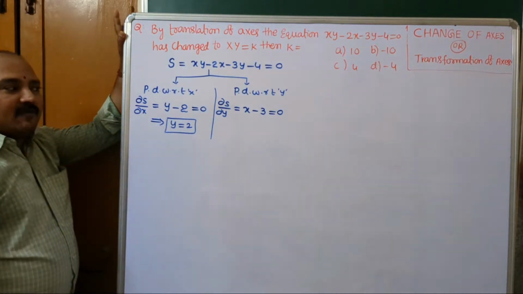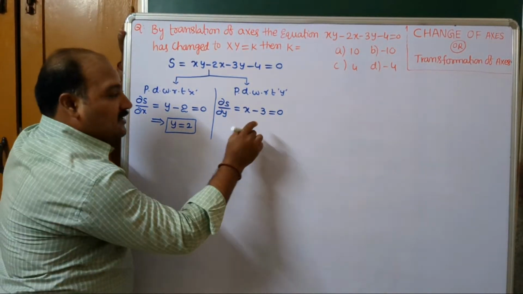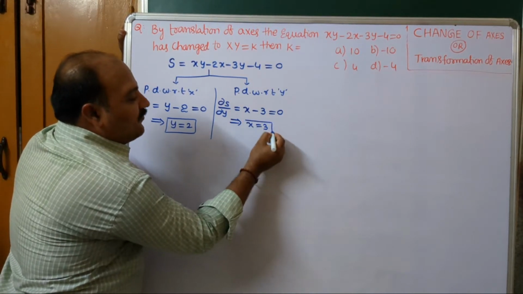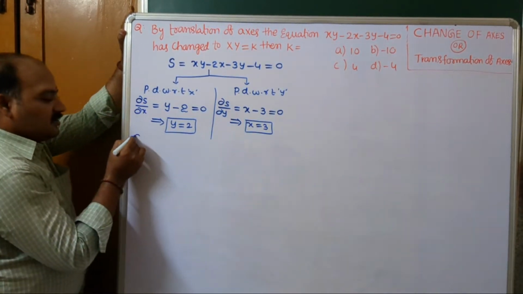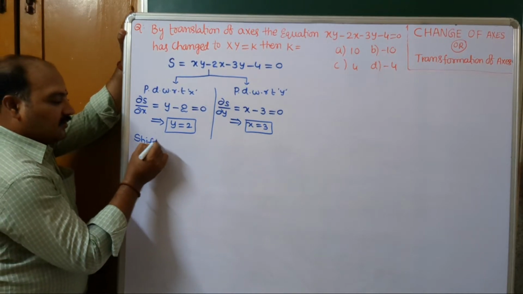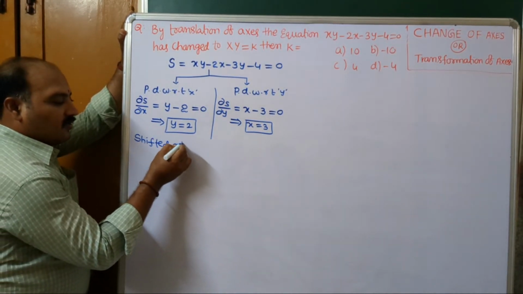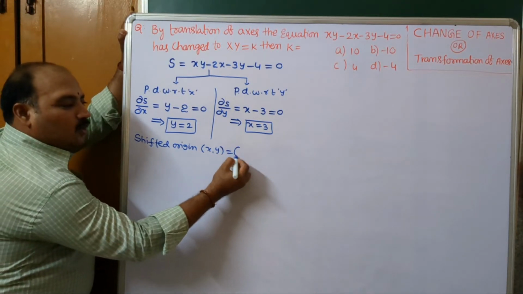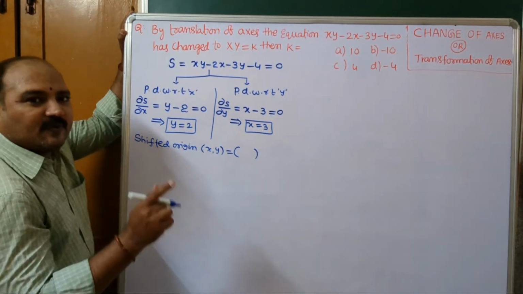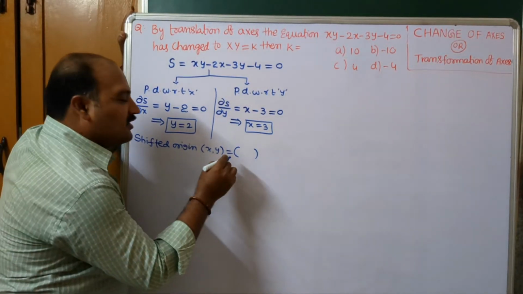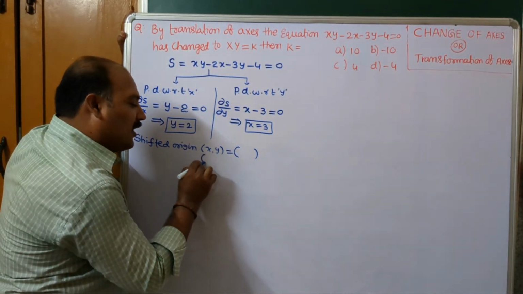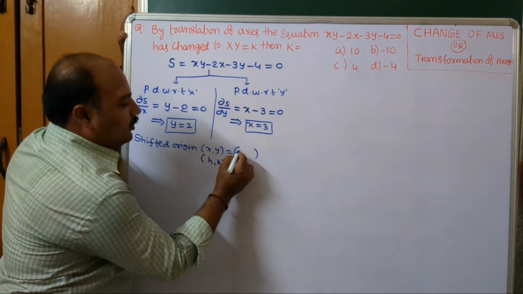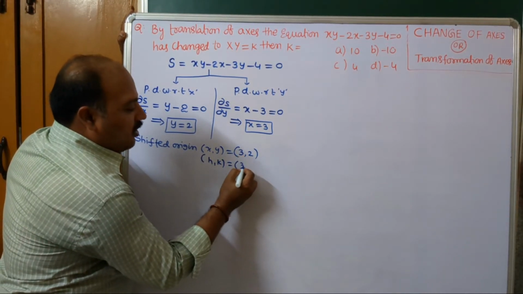That implies x is equal to 3. So the shifted origin, according to change of axis or transformation of axis, is denoted by h comma k, dear students. So h comma k equals 3 comma 2.